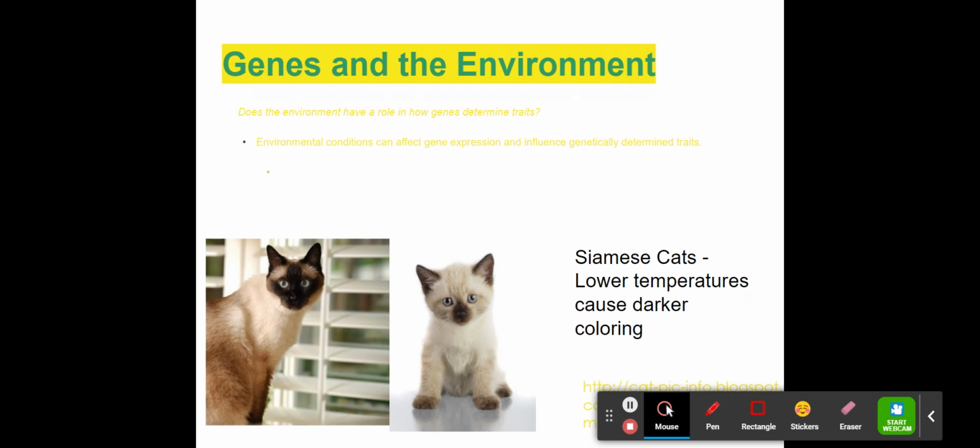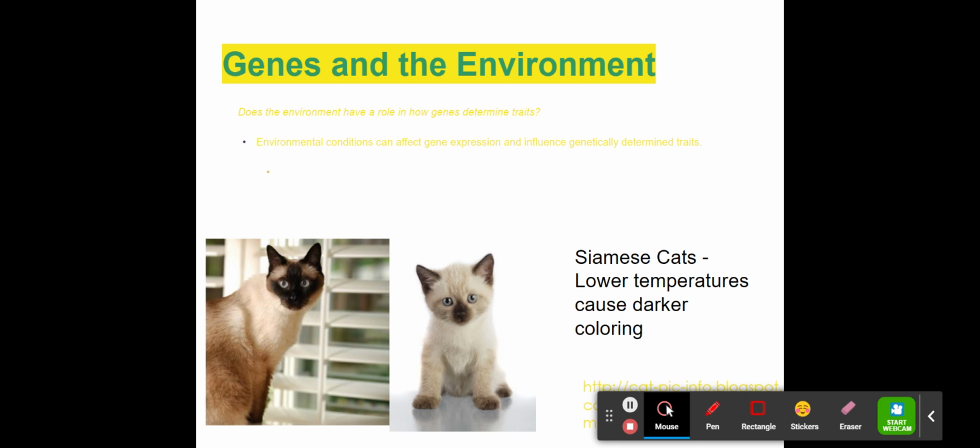In Siamese cats, when they are exposed to lower temperatures for a pretty good amount of time, not for their whole life, because this can turn on and off, but especially during winter months, if you have a Siamese cat, you notice that if it goes outside more, its coloration can start to get darker than during the summer months.